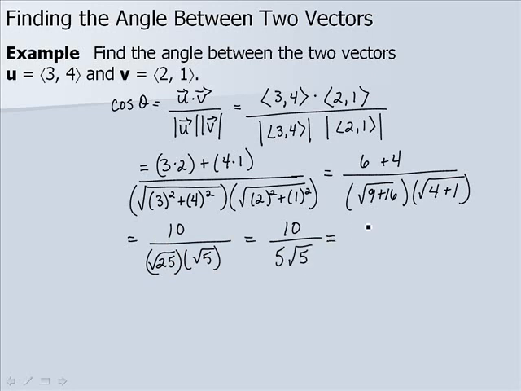And that reduces down to 2 over the square root of 5. So we have that the cosine of theta is equal to 2 over the square root of 5, or that theta is equal to the cosine inverse of 2 over square root of 5.